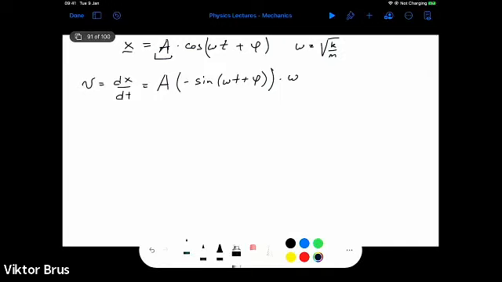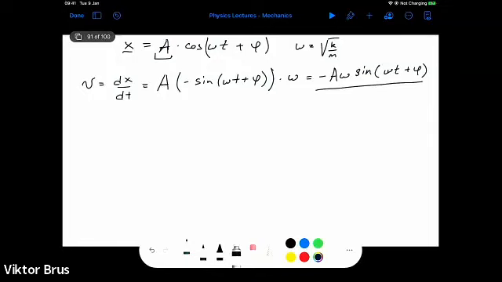So this is the derivative, and we can write that it's minus A times omega sine omega t plus phi.